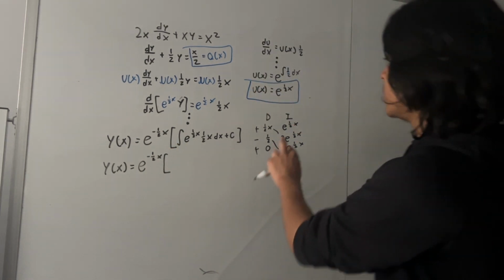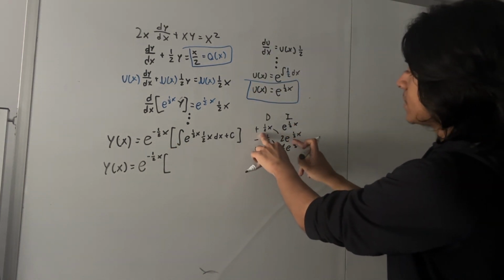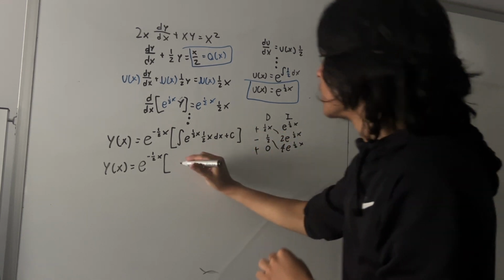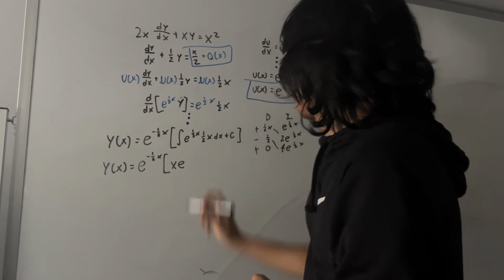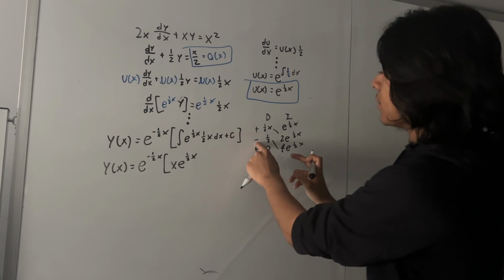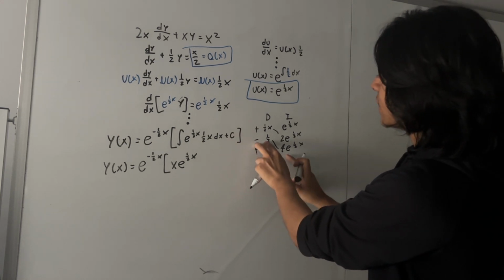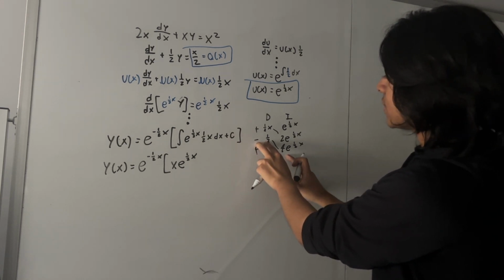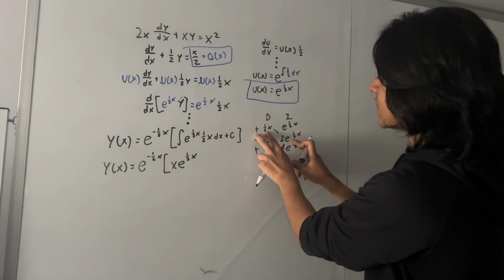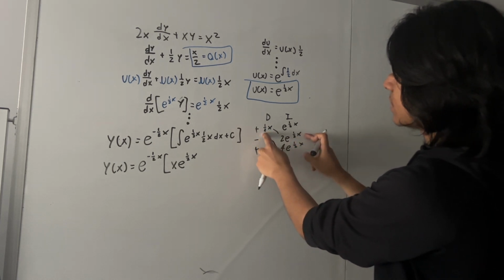Our final answer now is gonna be, so we're multiplying these two terms. This 1/2 and 2 cancel out, so we're left with x e to the 1/2 x. Then we have our minus right here. We're multiplying all these three together. So pretty much for this first part, we just multiplied these three together, this plus this term and this term.